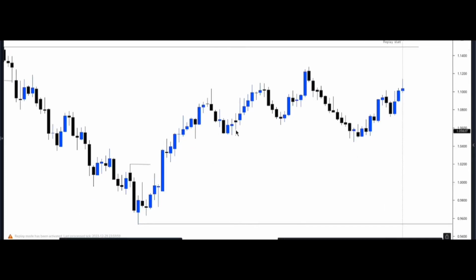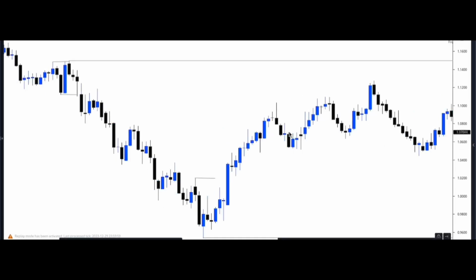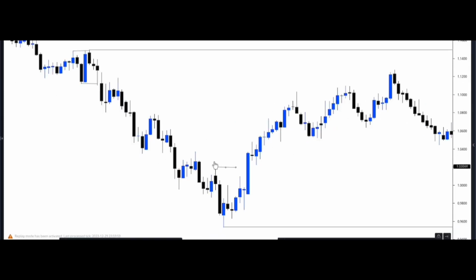Now all these are internal structures. For you to be able to play these internal structures, you need to look at what's happening here. After taking out inducement, where is your area of interest? There are only two areas of interest that work within your trading range, as you know. After taking out this inducement, this order flow is already mitigated, because the first thing you need to look out for is the unmitigated order flow.